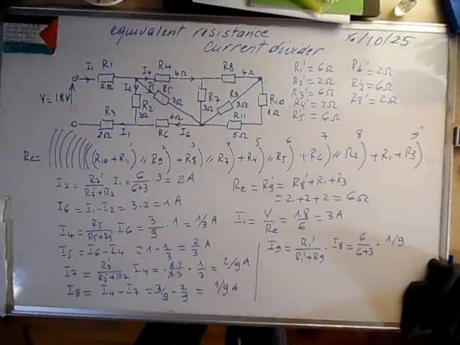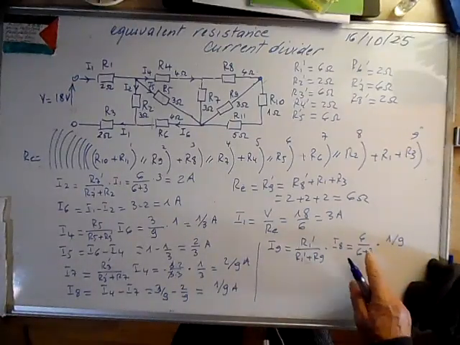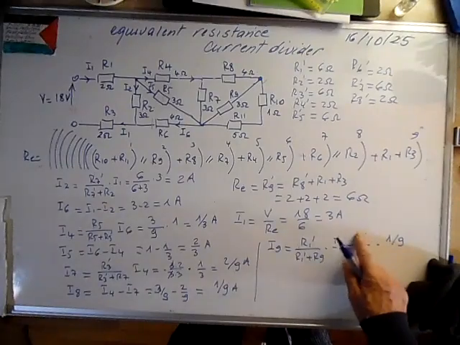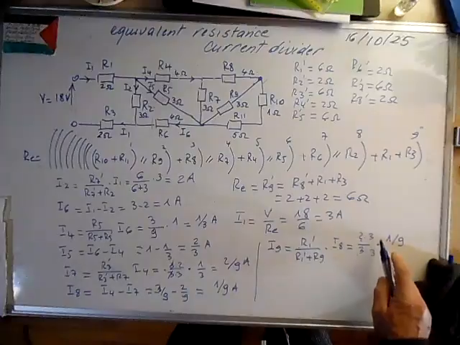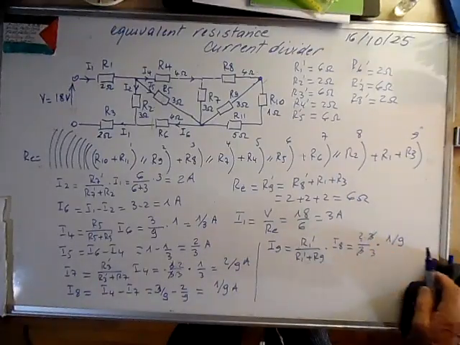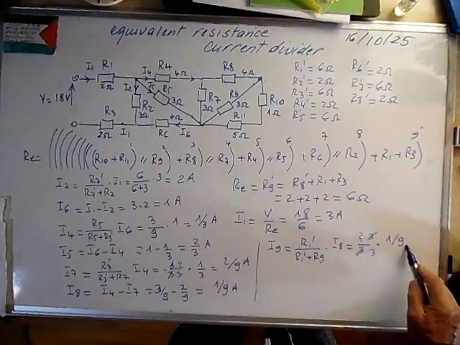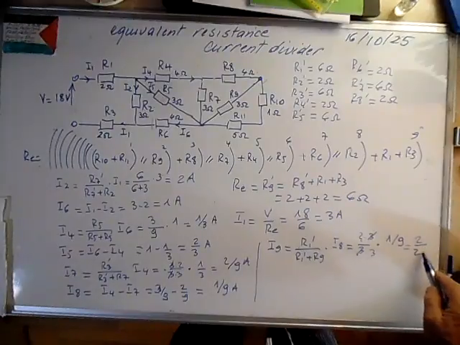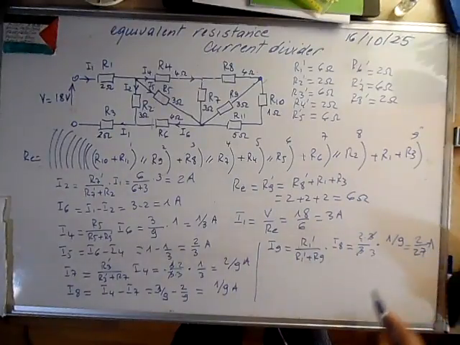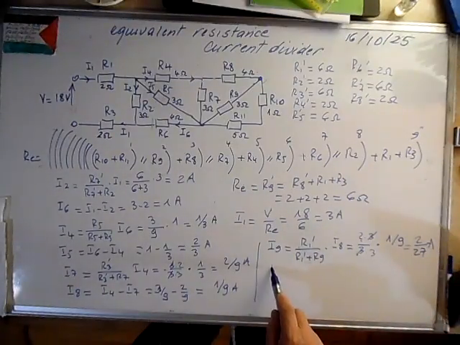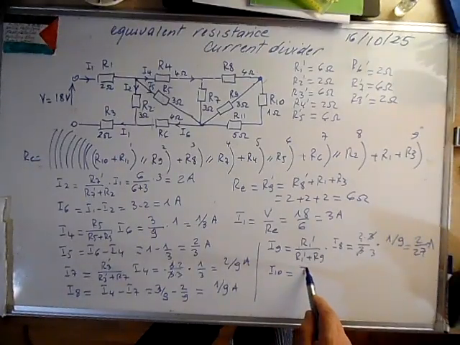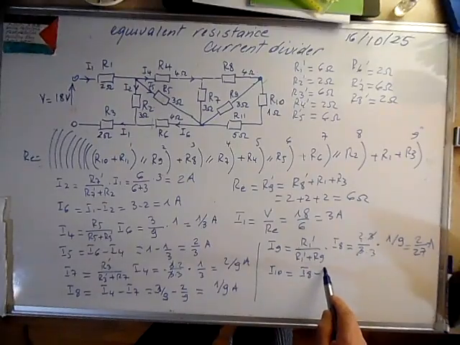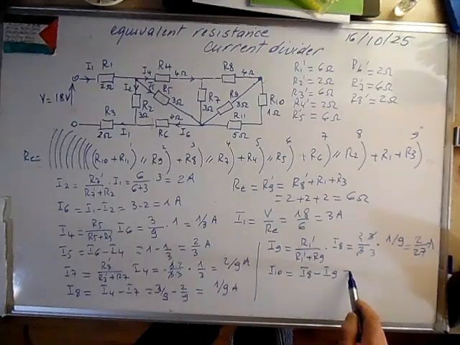So it's 2 times 3, here 3 times 3, it's 2/3 of 1/9, it means it's 2/27 amp. And I10 now we can calculate, which is equal to I11, and it's I8 minus I9.